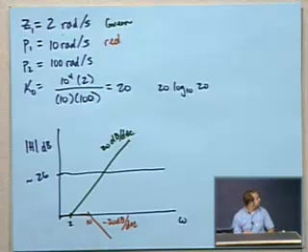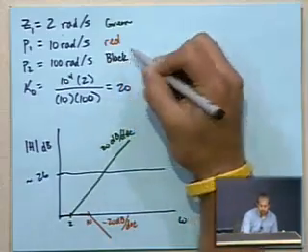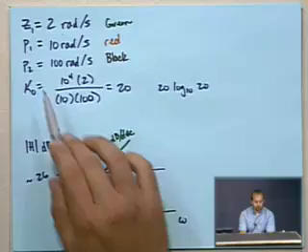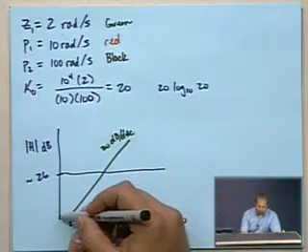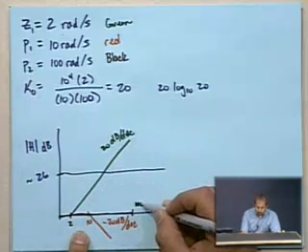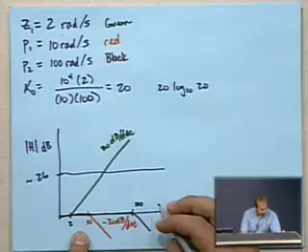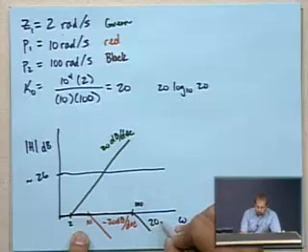And in black, pole number 2 is at 0 until its corner frequency of 100 radians per second. Then it's also decreasing at negative 20 dB per decade.